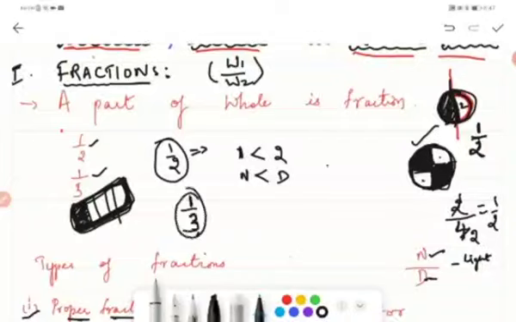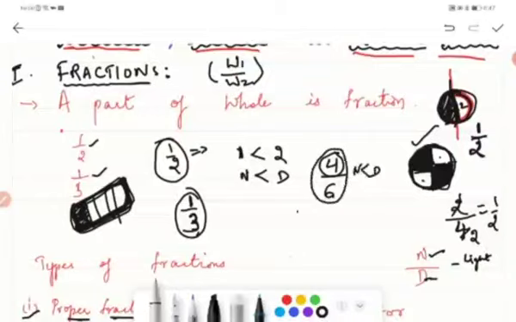If I take 4 by 6, or 4 by 5, the numerator is again less than the denominator, that is 4 is less than 6, so this becomes a proper fraction.